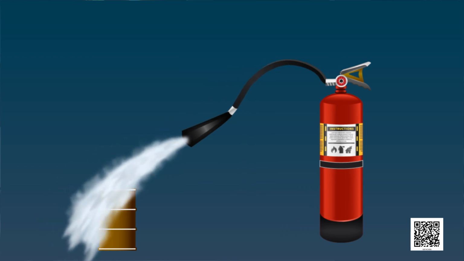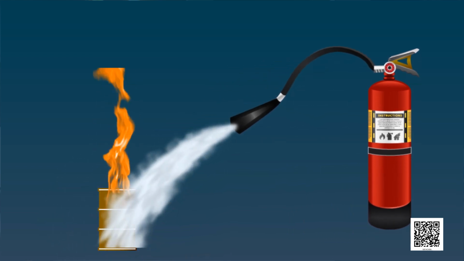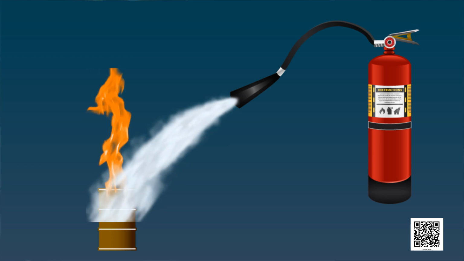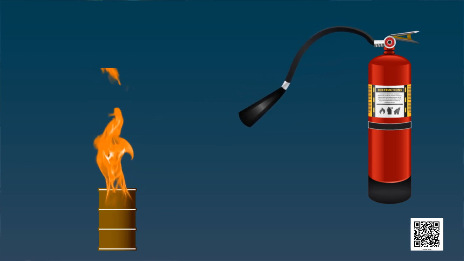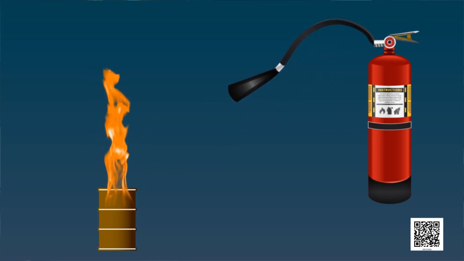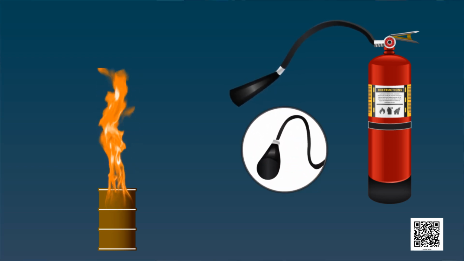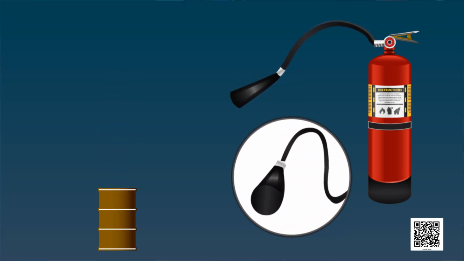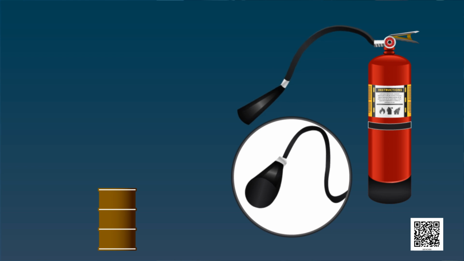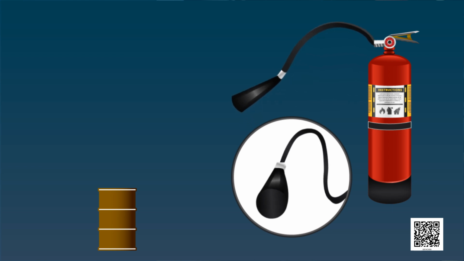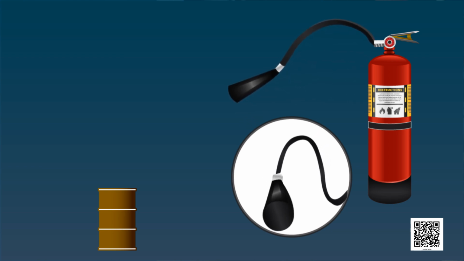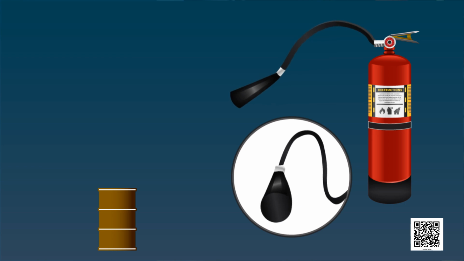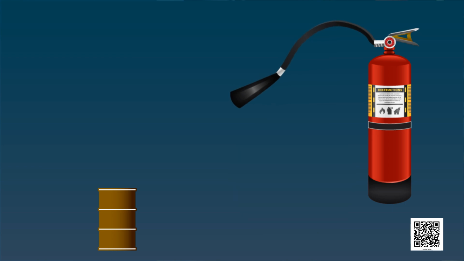So, carbon dioxide is the best fire extinguisher for fires involving electric equipments and inflammable materials like petrol, etc. Carbon dioxide, being heavier than O2, surrounds the burning combustible substance like a blanket.